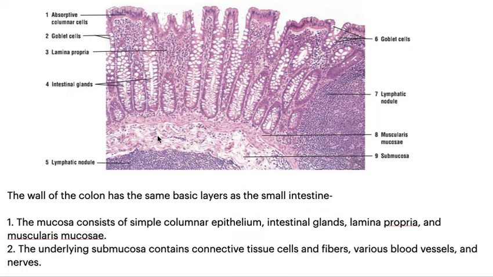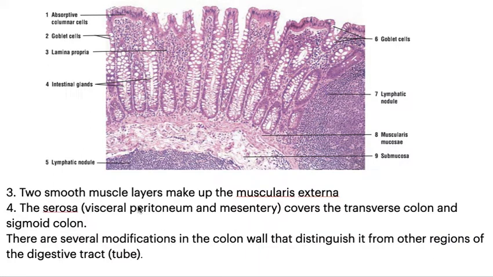The underlying submucosa contains connective tissue layers, various blood vessels, and the huge lymphatic nodules as seen over here. The two smooth muscle layers make up the muscularis externa, not visible in the picture here. The serosa, that is the visceral peritoneum, and the mesentery cover the transverse colon and the sigmoid colon.